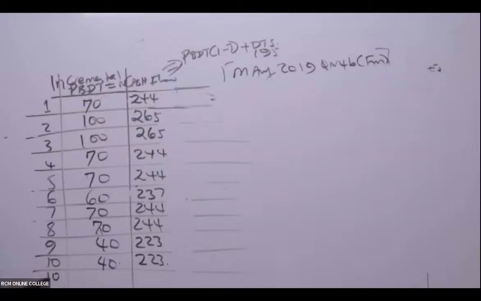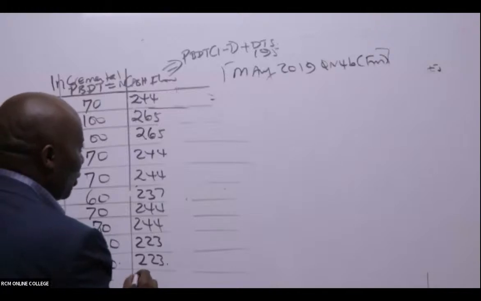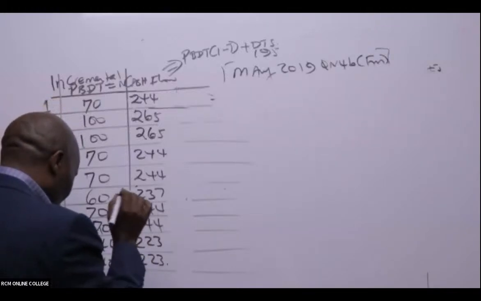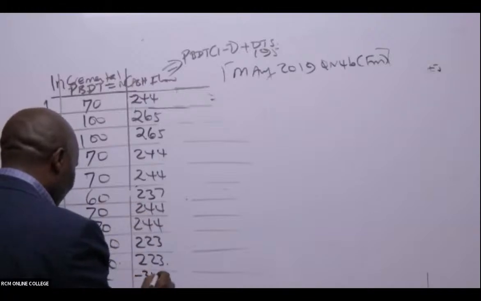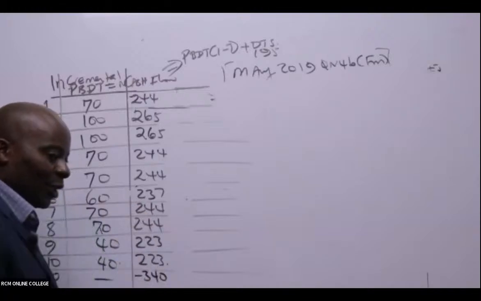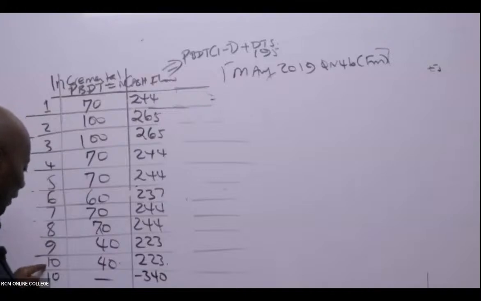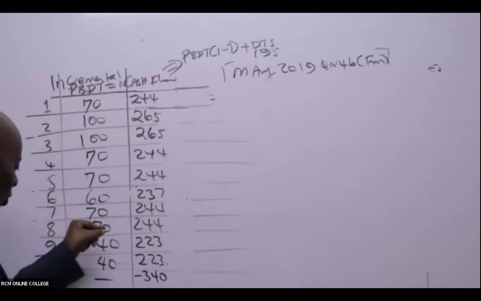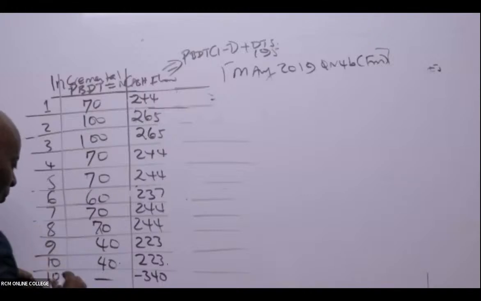Then you duplicate and write another 10, and here there'll be nothing. Here you write the terminal cash flow. I can't remember that incremental terminal cash flow. Was it minus 340? The last year. So you duplicate this. If it was a project ending on year 8, you would have said 8 for the normal and then 8 for the terminal. So this is terminal.